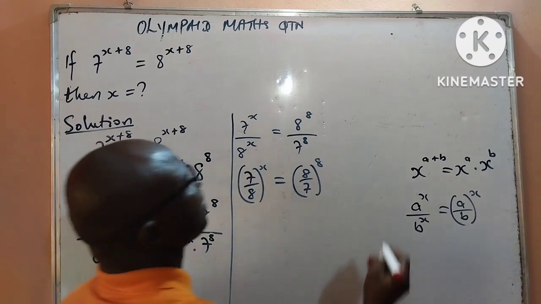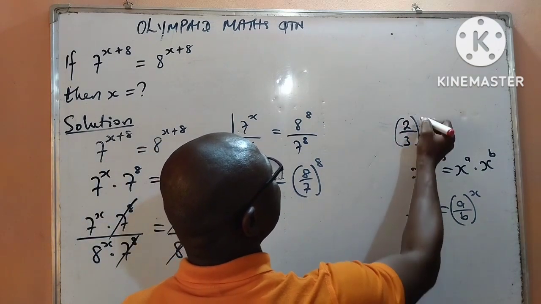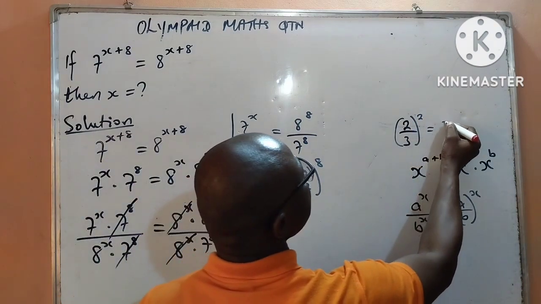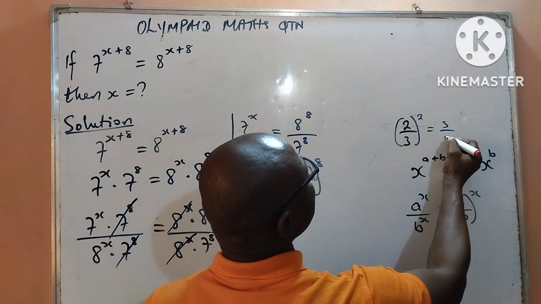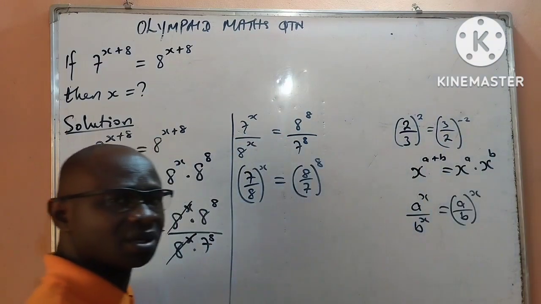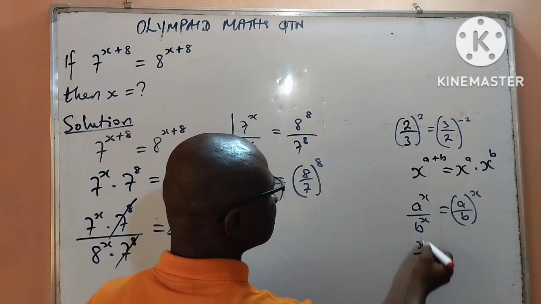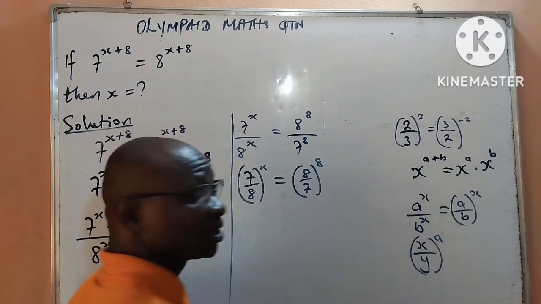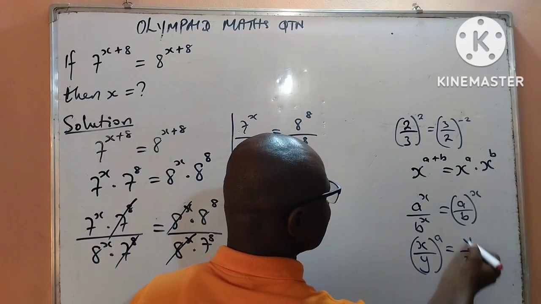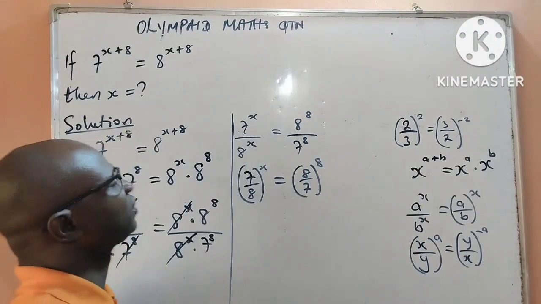That means if I have 2 all over 3 to the power of 2, it is the same thing as 3 all over 2 to the power of minus 2. If I have x all over y to the power of a, it is equal to y all over x to the power of negative a. This is a very beautiful law in indices.